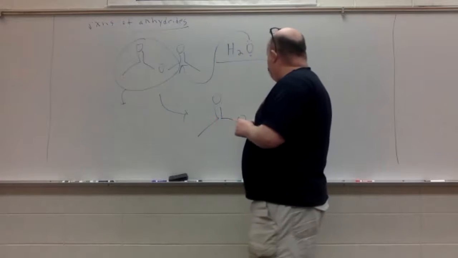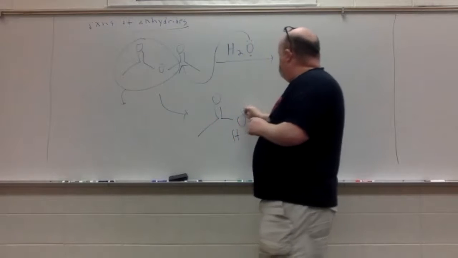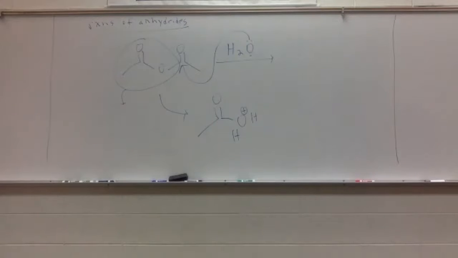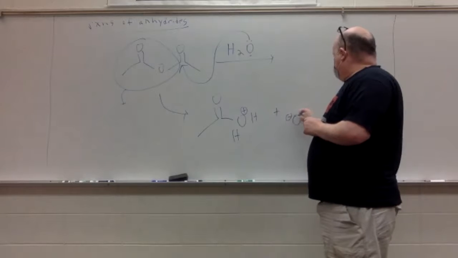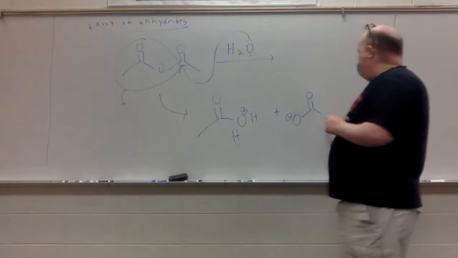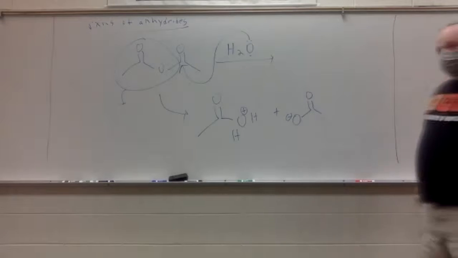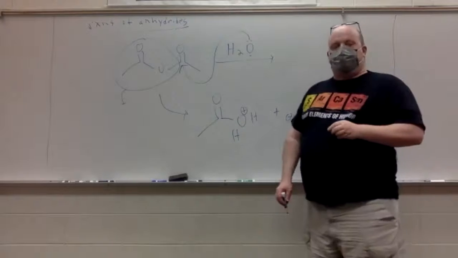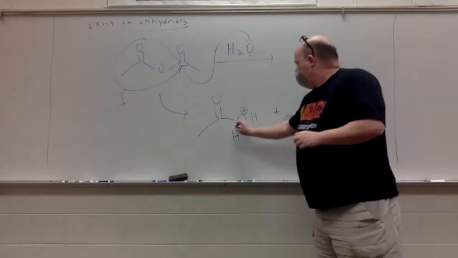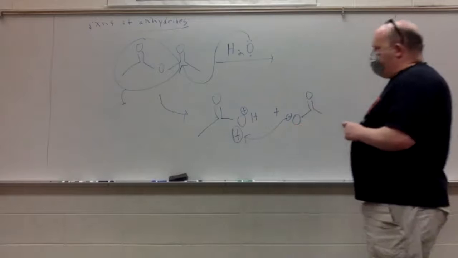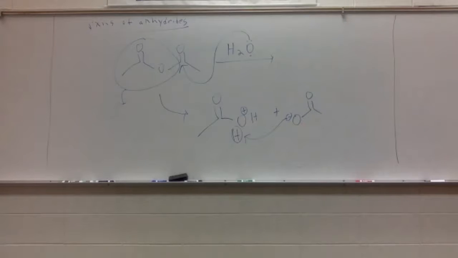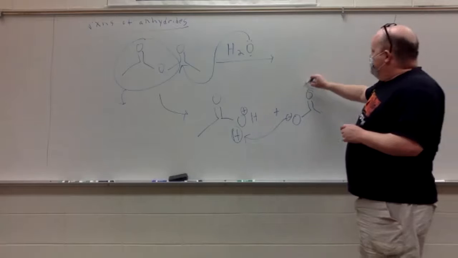So we're going to end up with a protonated carboxylic acid. And our leaving group is still there, our carboxylate ion. What do you think is going to happen here? The leaving group is going to go to hydrogen. Yeah. There's a very easy way to make both of these species neutral, and that's a proton transfer from one to the other.